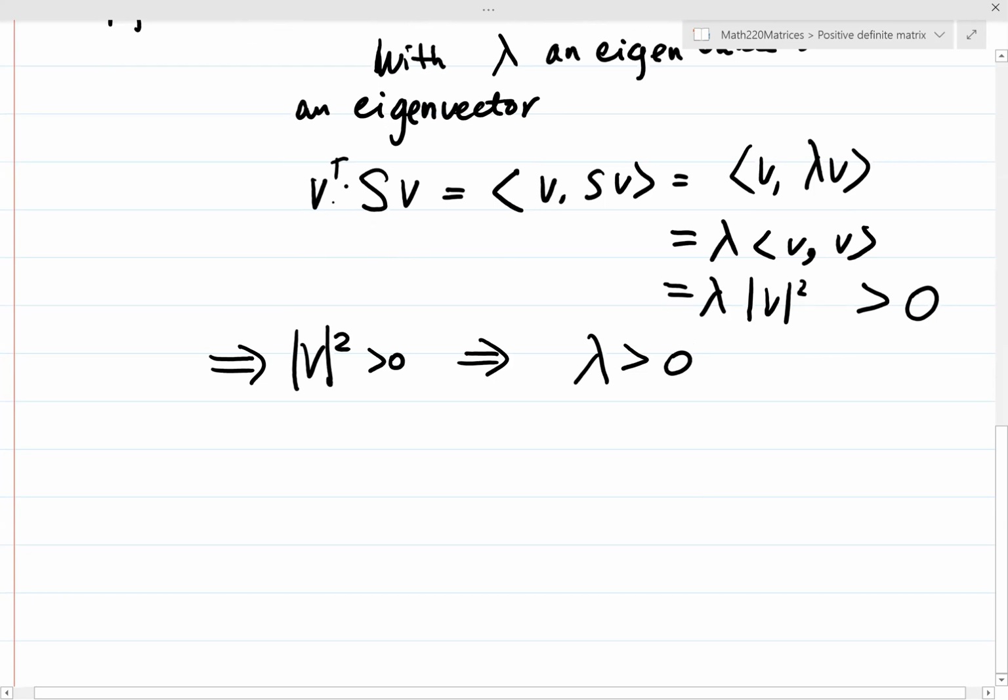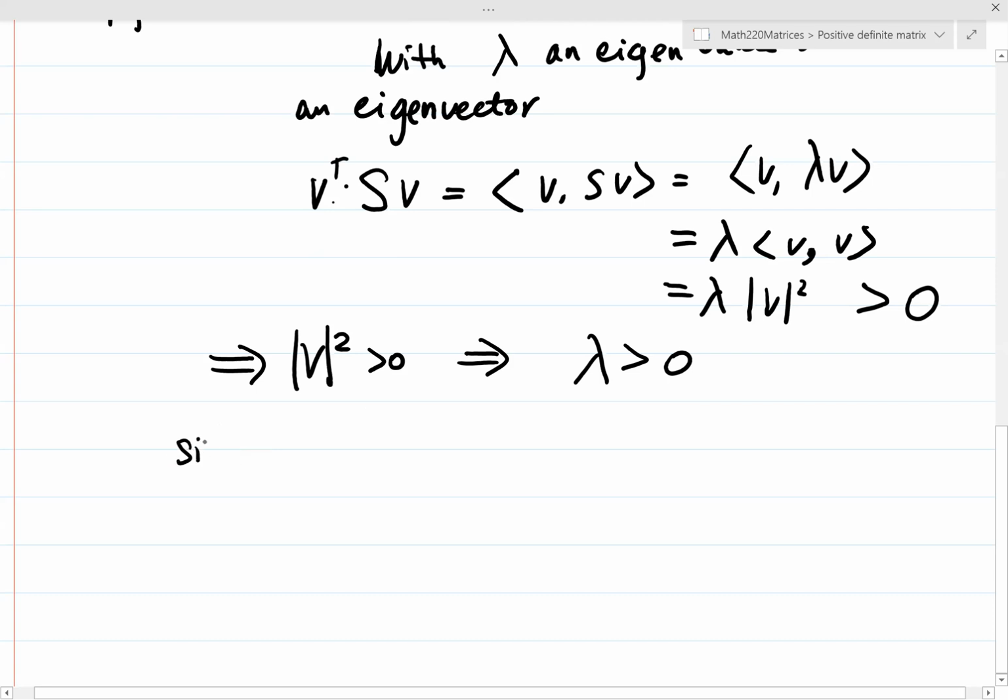Now suppose all eigenvalues are positive. Let me write down these steps.